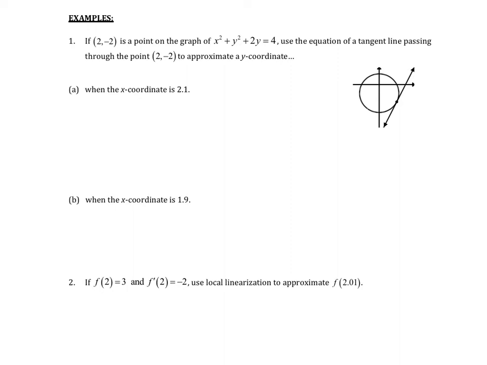For those of you wanting to know how I know that's a circle, if you think back to your conic sections, and it's been a while, we would complete the square. So x squared is completed. For y squared, if we add 1 to both sides, we'd get x squared plus y squared plus 2y plus 1 on this side, and we'd need to add 1 to the other side, so we'd get x squared plus y plus 1 squared equals 5.